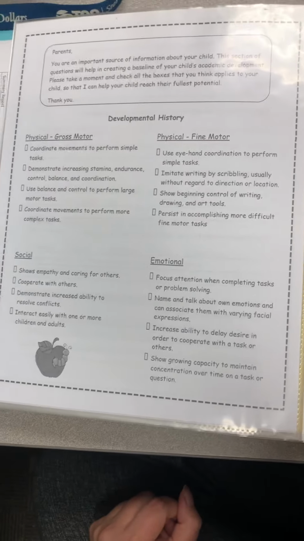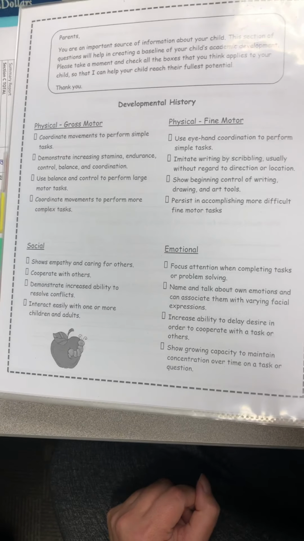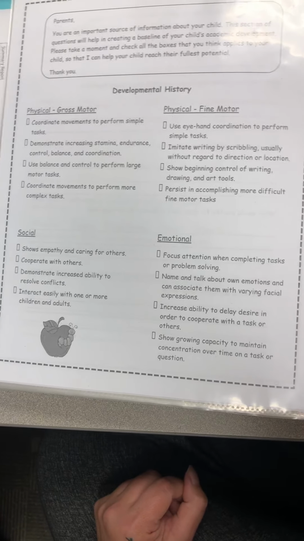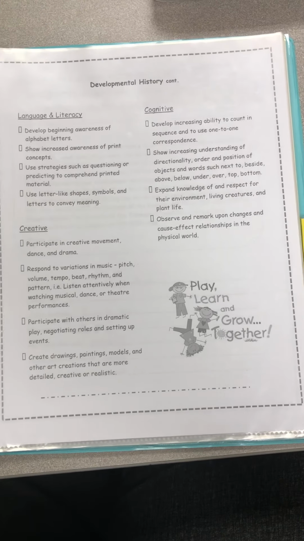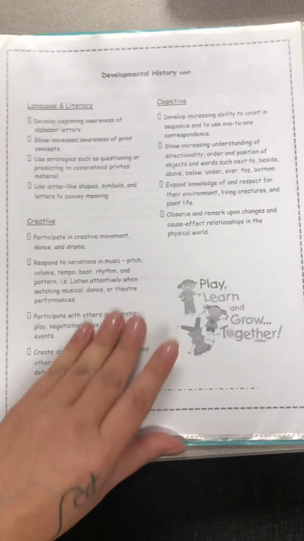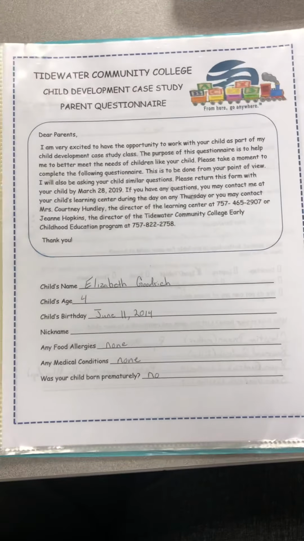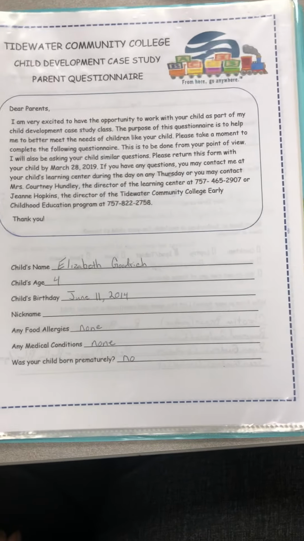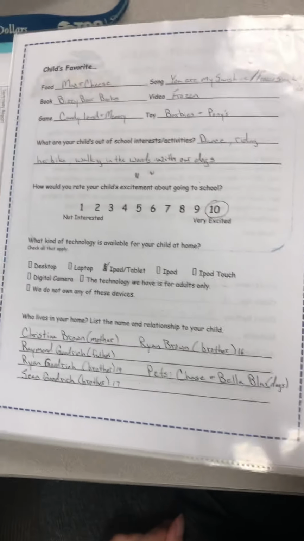You can see the parent questionnaire has 3 questions for each developmental domain, at least. And then there is the actual filled out parent questionnaire. So the same thing, but the parent has filled it out now.